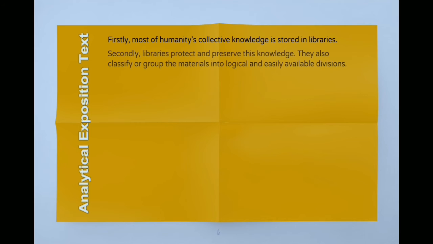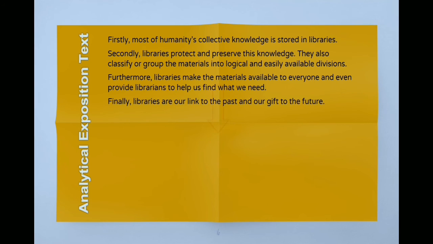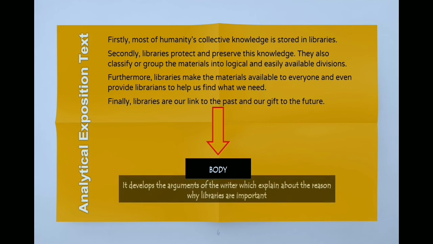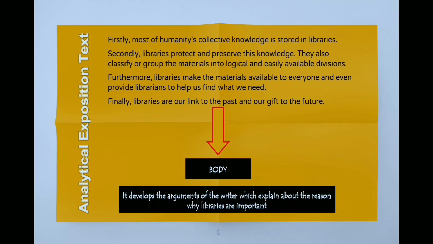And then the next, this is the body or arguments of analytical exposition text because it develops the arguments of the writer which explain about the reasons why libraries are important. There are 4 reasons why libraries are important. Jadi, ini adalah body atau argumen dari penulis yang mendukung topik yang dibahas dari penulis itu sendiri.